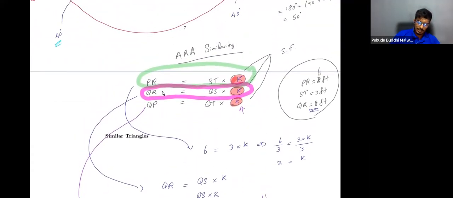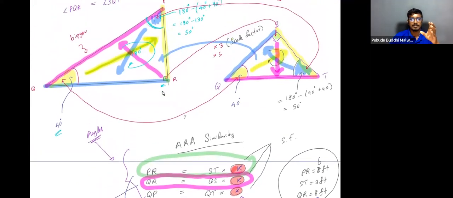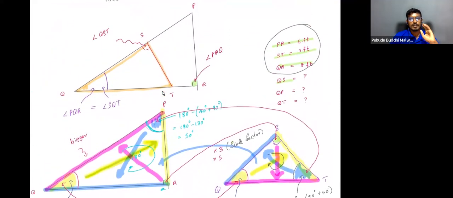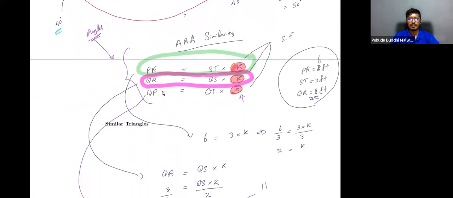To write these relationships, we used angles. That's the only way to determine corresponding sides. You can't use whatever side you want. You should focus on angles. Therefore, start with those angles. Determine corresponding angles.